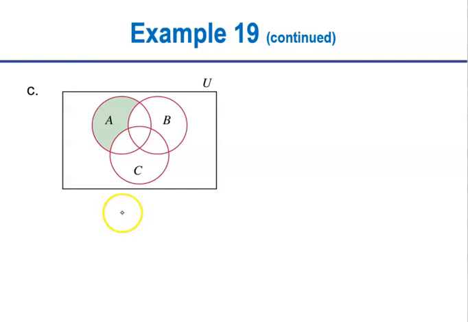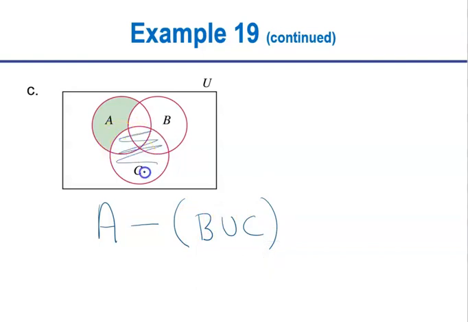So what if we took A, the set A, and we're doing a difference of sets, A and remove B union C. And B union C would be all of this part. So we took A, which is the whole set of A, and removed anything that's in B union C. So that would definitely work.